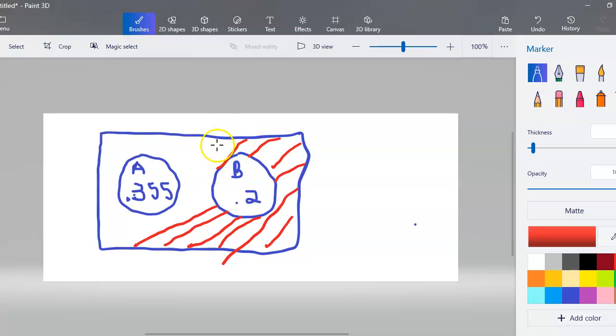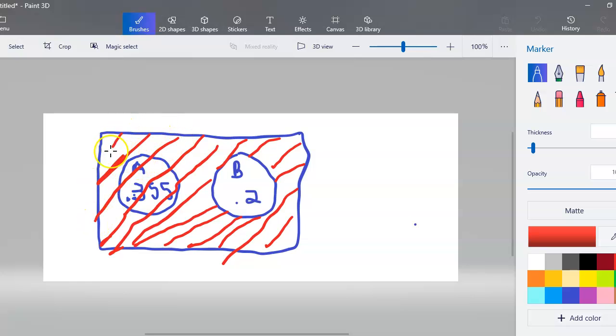I know this isn't straight or beautiful since I'm drawing with my mouse, but it's all this stuff. And we know how to find a complement. We subtract B's probability from 1 to get the complement. So this red area that I'm highlighting with lines is the complement. If we subtract 0.2 from 1, B complement is 0.8. Okay, but we want the union of A with B complement.